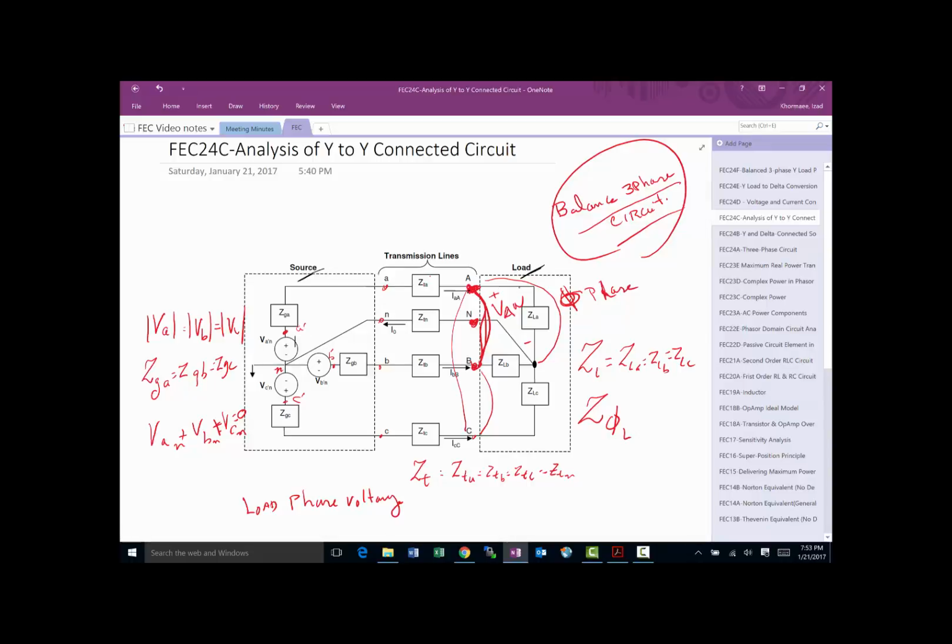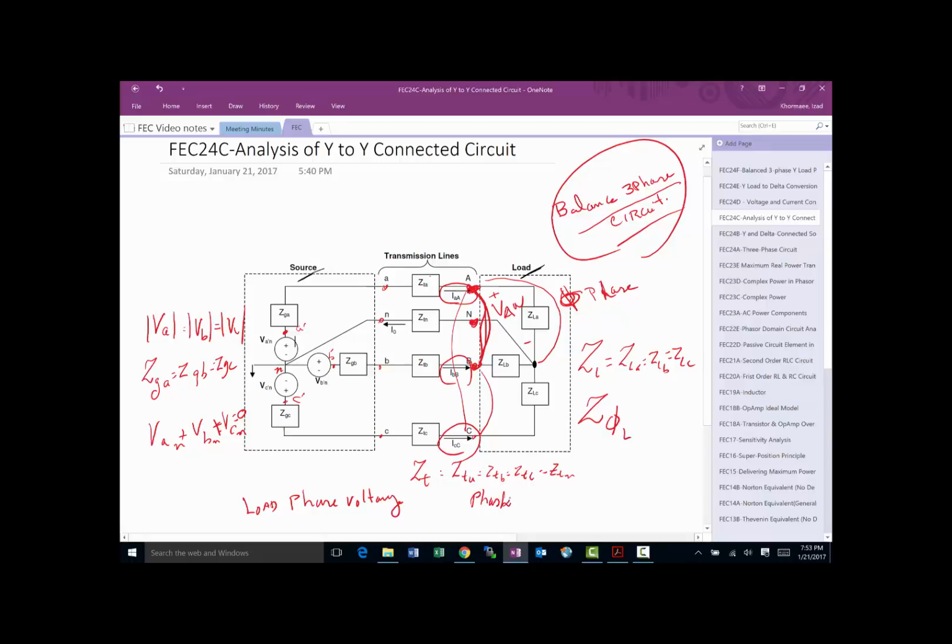In other words, all the load phase voltages will be equal to each other. All the phase currents will be equal in magnitude to each other, except they will be 120 degrees out of phase. And IAA, IBB, and ICC are referred to as phase current.